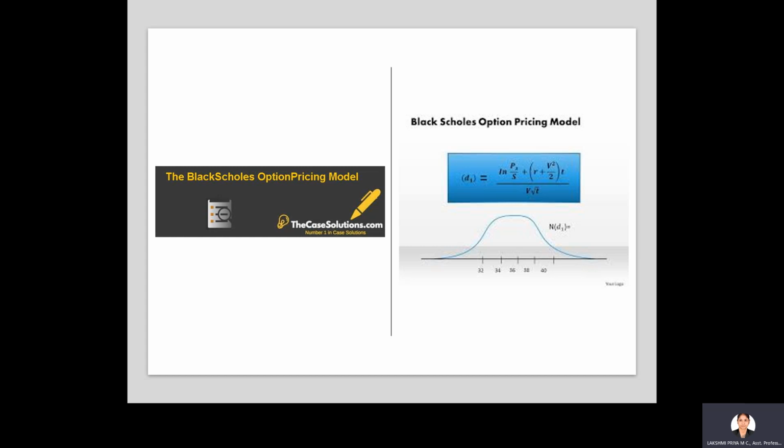Some of the ratios considered under equity valuation multiples are price to earnings ratio, price to book value ratio, price to sales ratio, and under enterprise valuation multiples, the ratios commonly considered are EV to EBITDA ratio, EV to free cash flow to the firm ratio, EV to book value ratio, and EV to sales ratio.